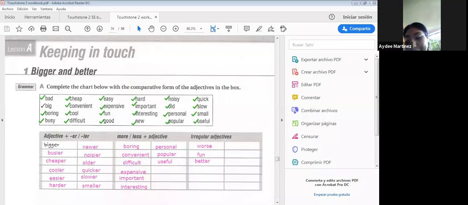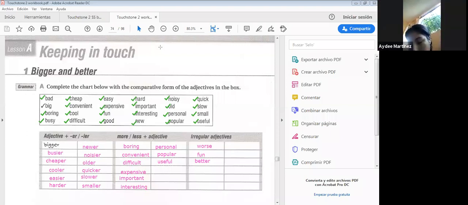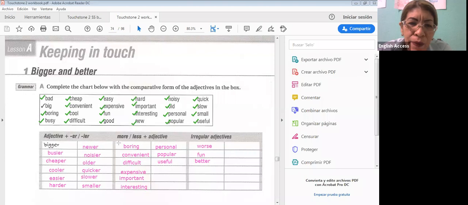We are comparing. Did you pay attention to Marla's? Yes, so what are the words that you need? Pay attention to the chart. I underline the words. Pay attention to the screen.